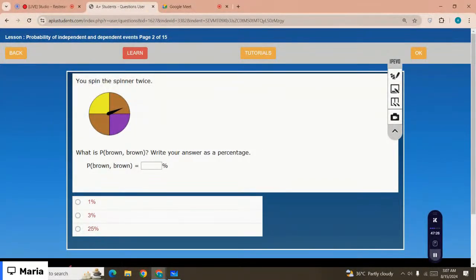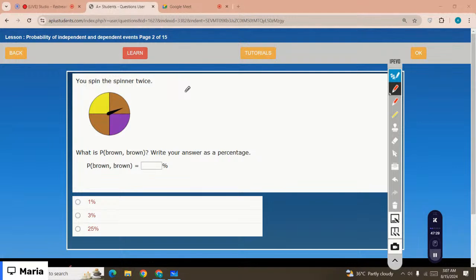You have two of the portions that are brown out of the 4. Brown is 2 by 4, so the events are independent.